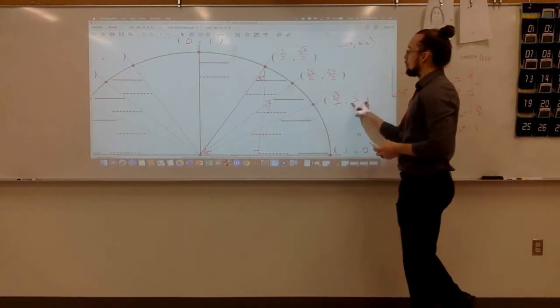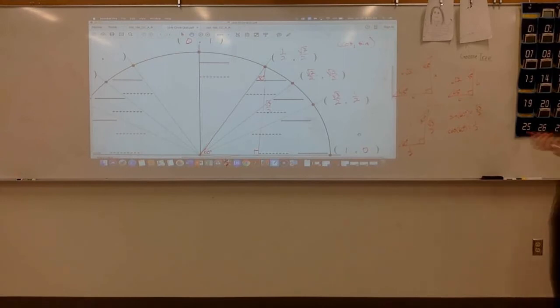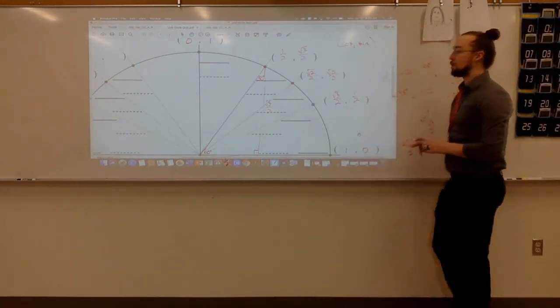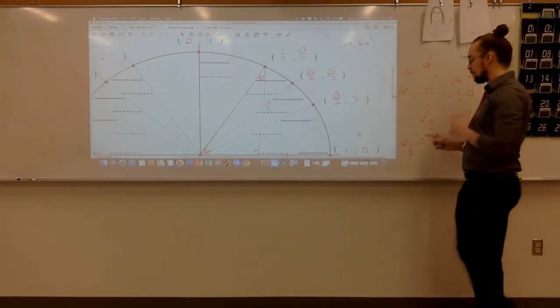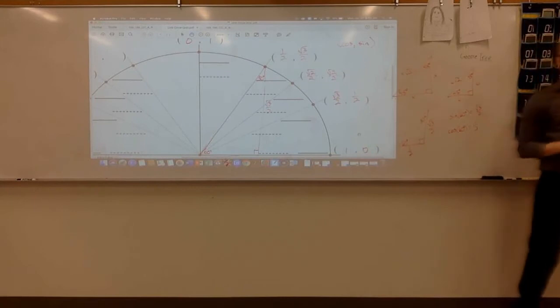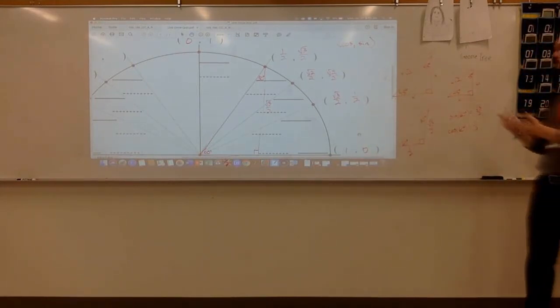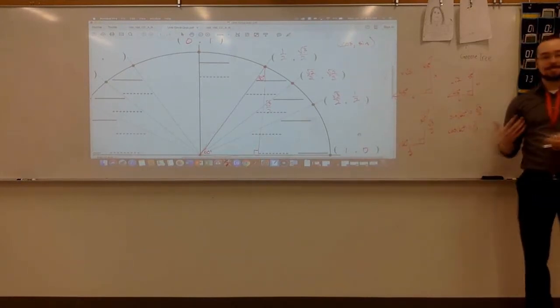The y value gives me the sine of that angle. So that's why we memorize these values on the unit circle. Because, again, we talked about this idea before. The sine of 60 degrees is always square root of 3 over 2, no matter how large the triangle is. That ratio will always stay the same.